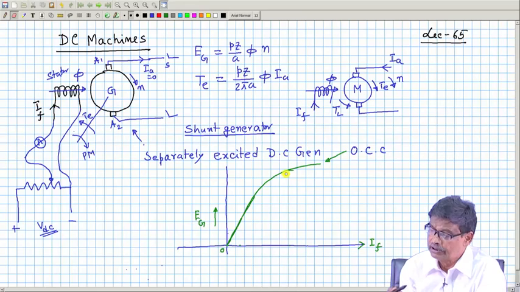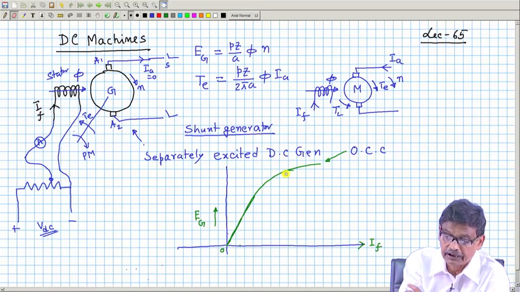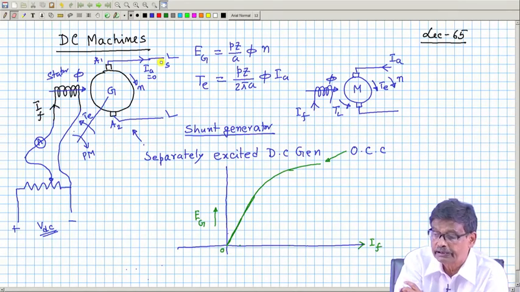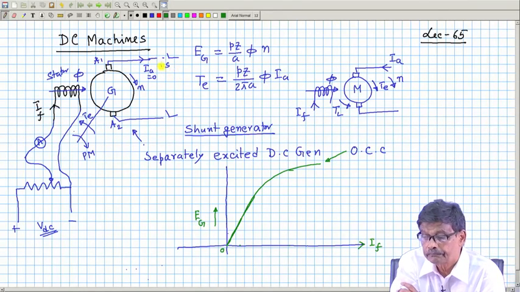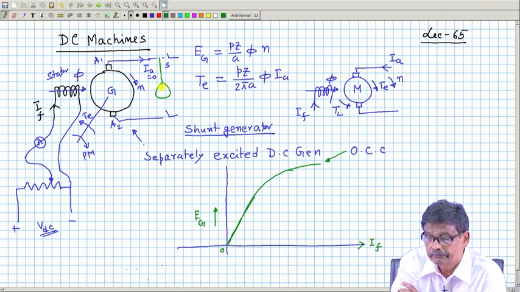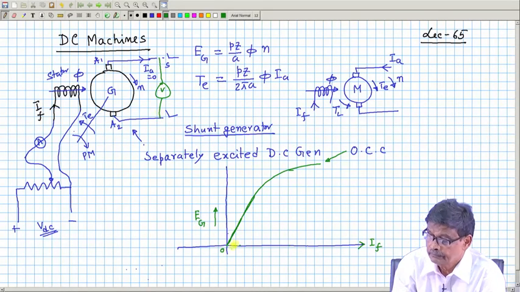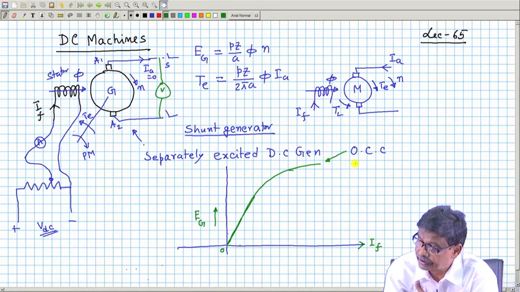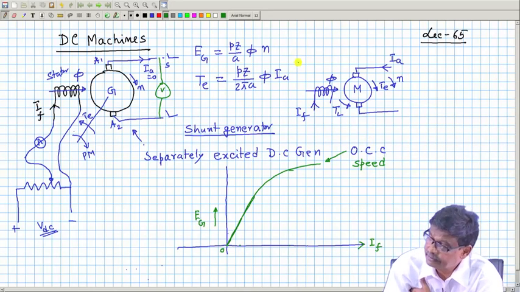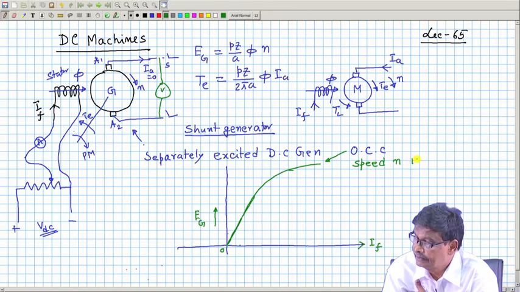Now, while carrying out the open circuit test, note down the field current, connect a voltmeter here, and just plot them. But during this experiment, keep the speed constant. Speed n is kept at rated value.